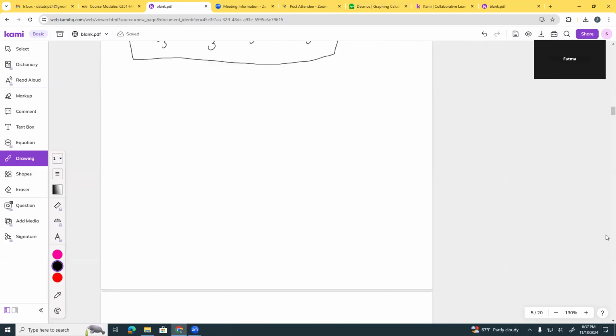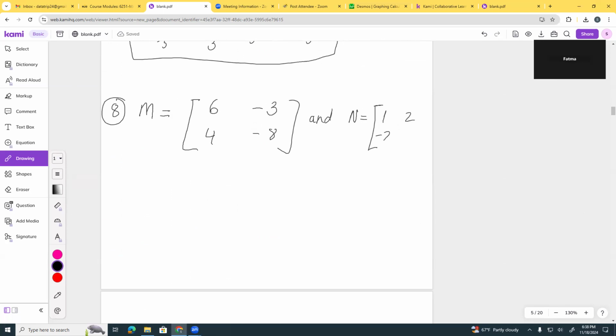Number 8. Now for number 8, I have 2 matrices. Matrix M is 6, -3, 4, -8. And I have another one, N, and N is 1, 2, -2, 5.